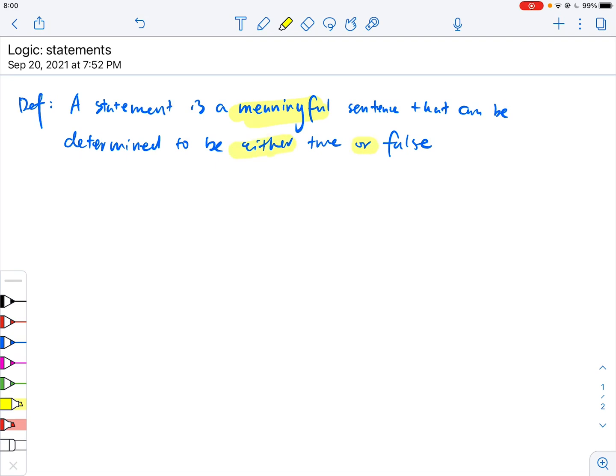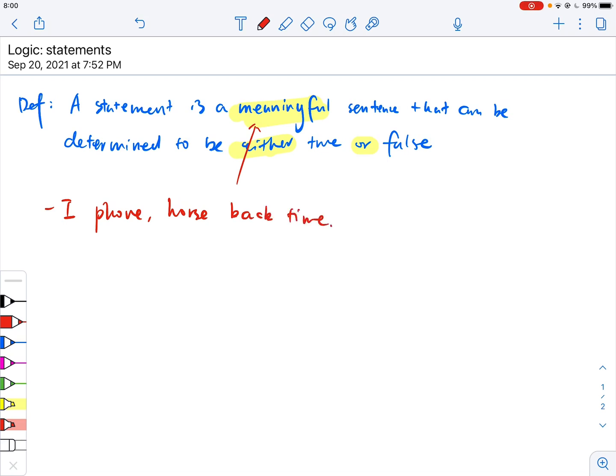The reason that I have highlighted meaningful is that this sentence has to express a meaning. Say if I said, "I phone horse bag time."